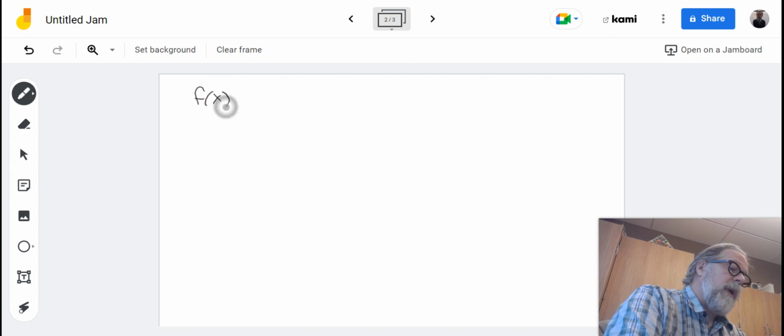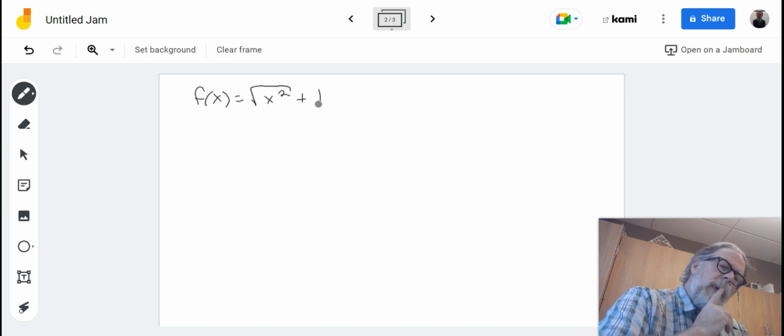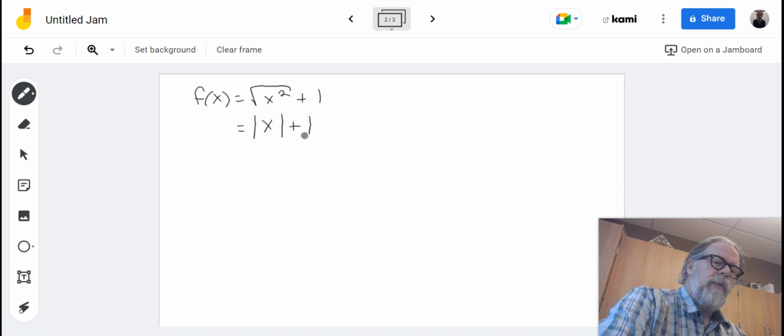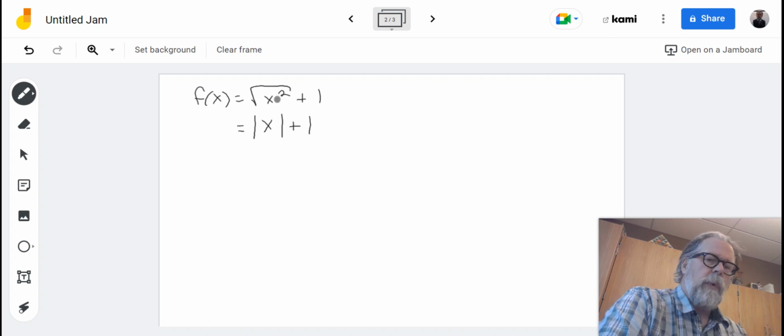Let's look at another function. f of x equals the square root of x squared plus 1. Well, we could do a lot of fiddling around, or we could recognize that the square root of x squared is the absolute value, because square root of x squared just means make it positive.